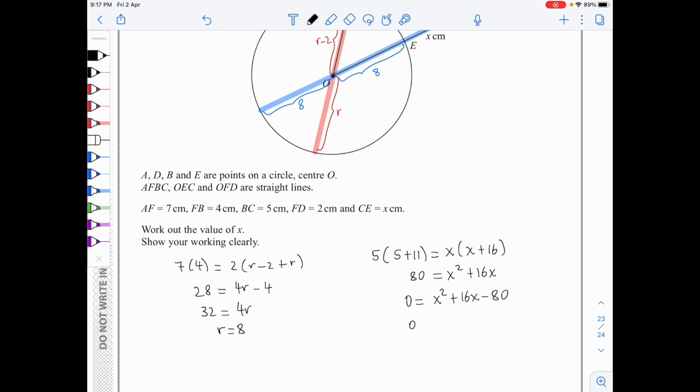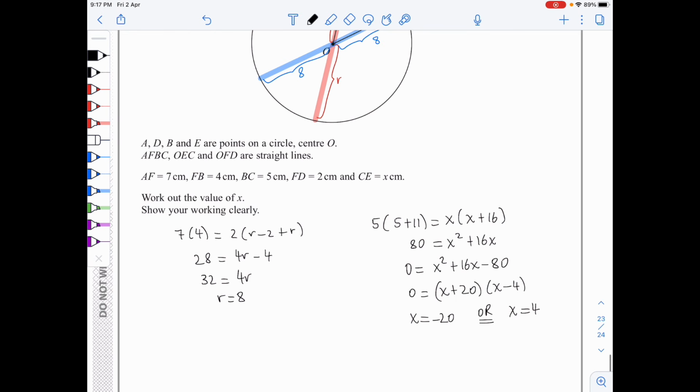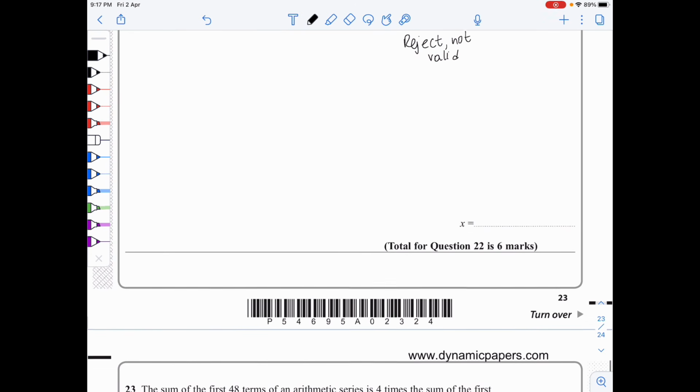And this will factor out into x plus 20, x minus 4. So x is minus 20 or x is 4. And we're obviously going to be rejecting the negative as this is not a valid value for x. So x is 4.